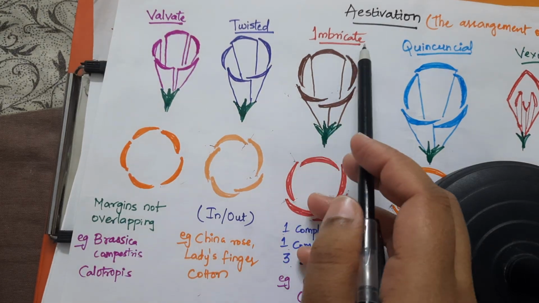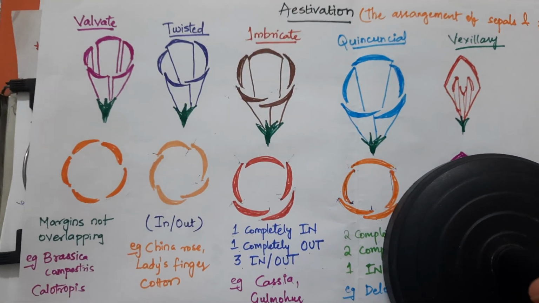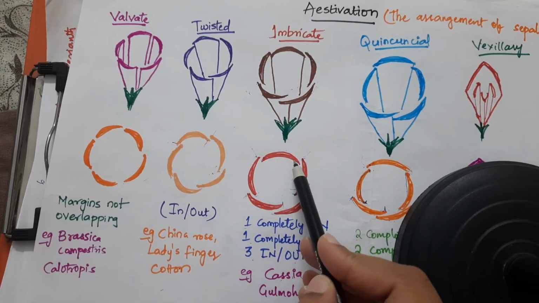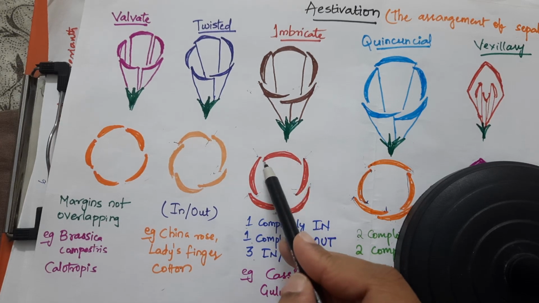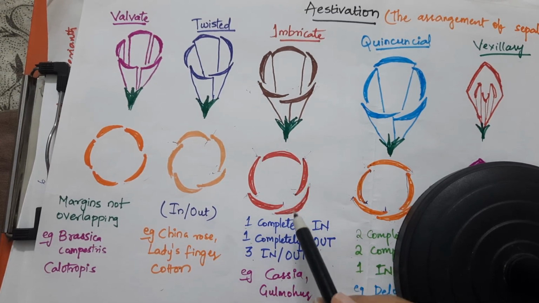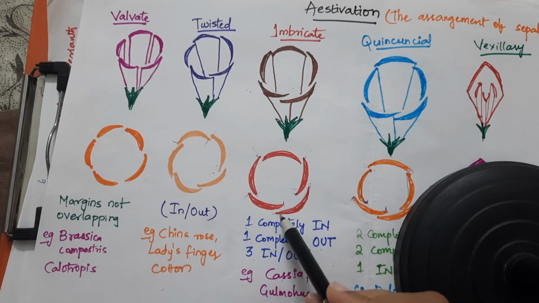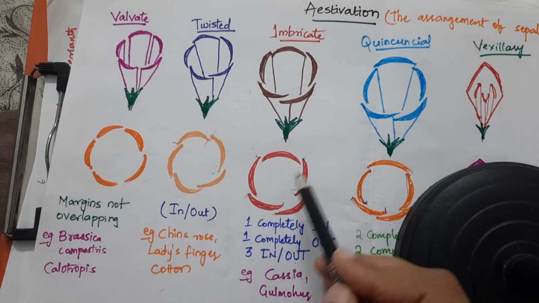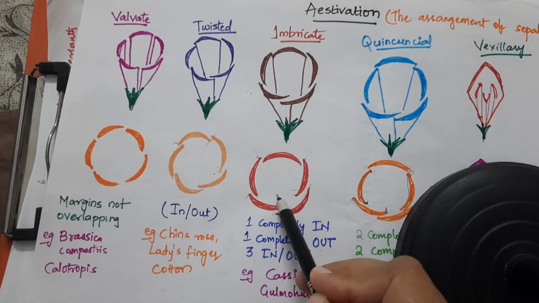Next one is the imbricate estivation. See here in this type, in this sepal both margins are towards the inner side, whereas in this sepal both margins are towards the outer side, and in the remaining three sepals, one margin is towards the outer side and another is towards the inner side.